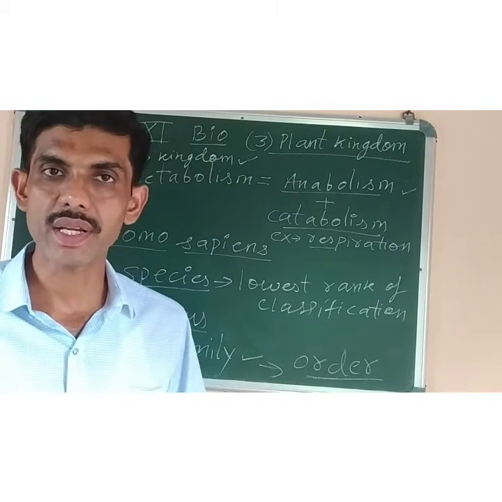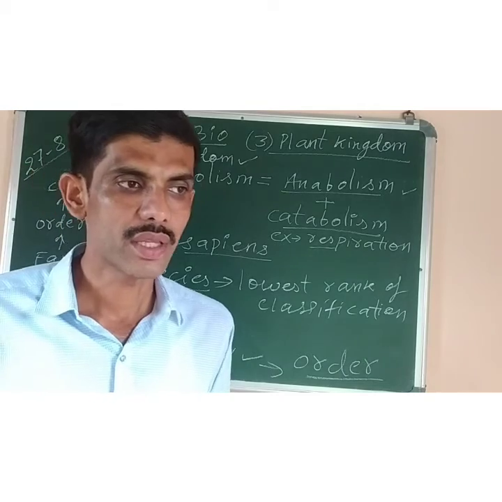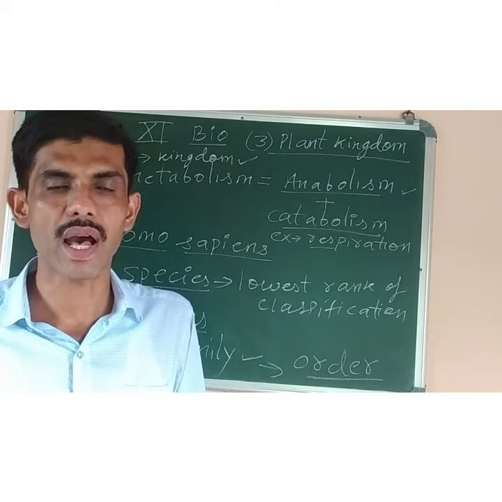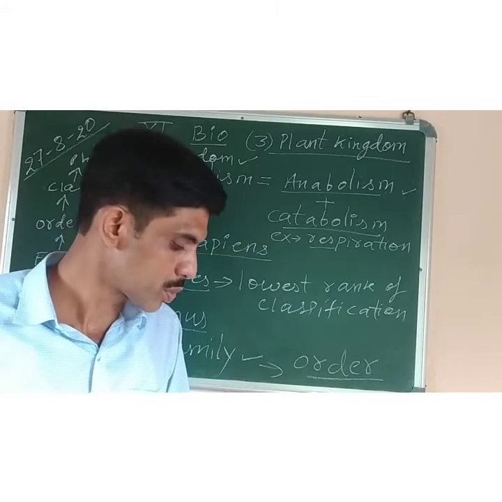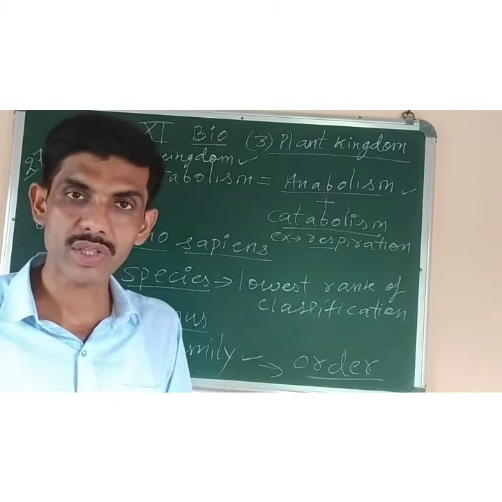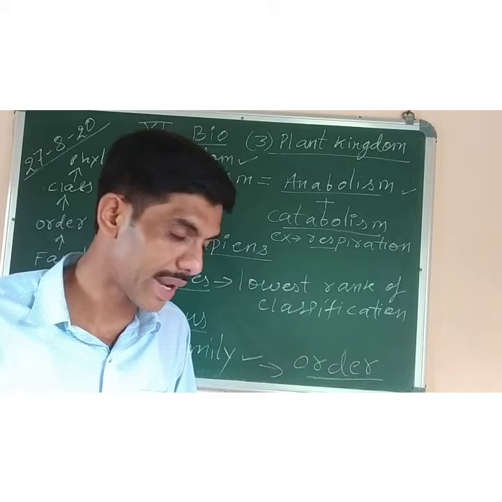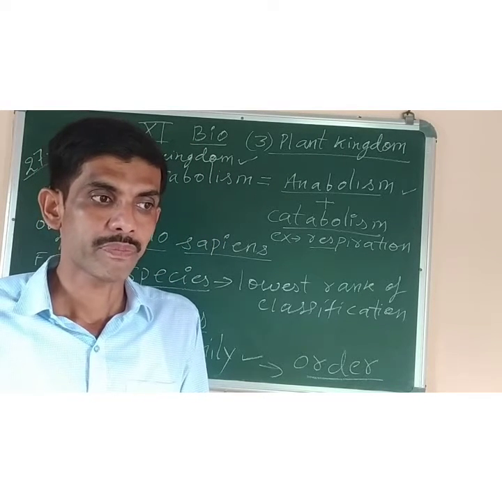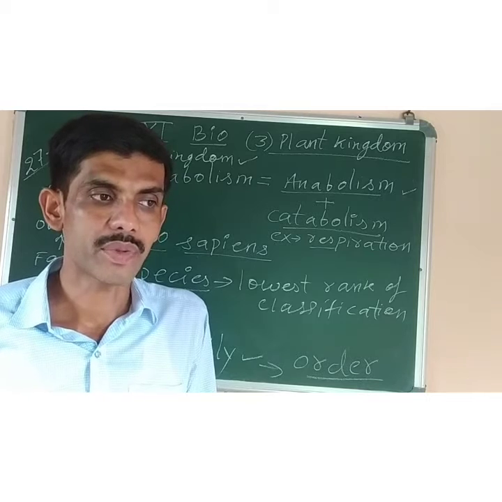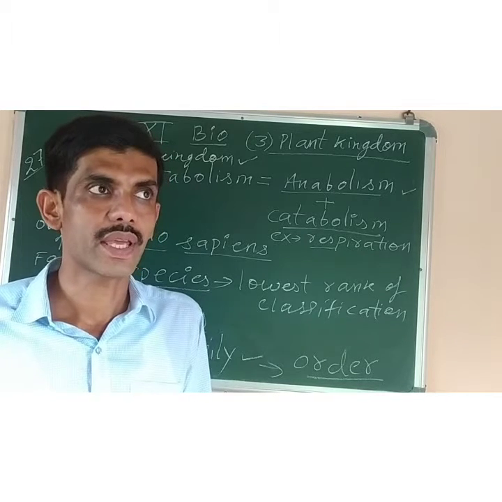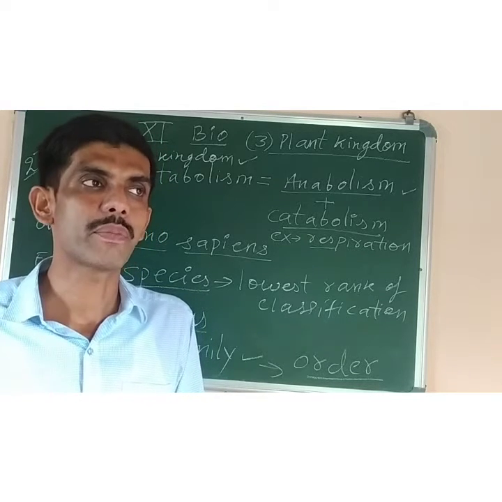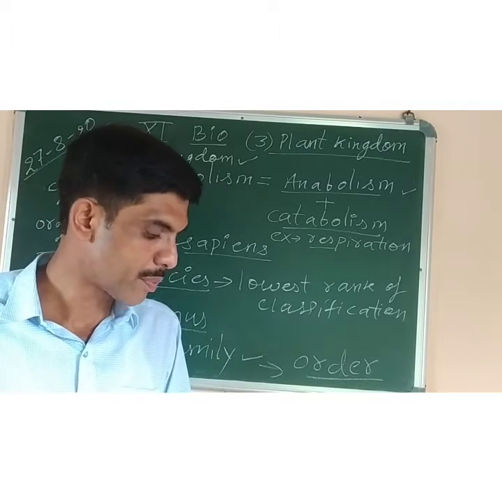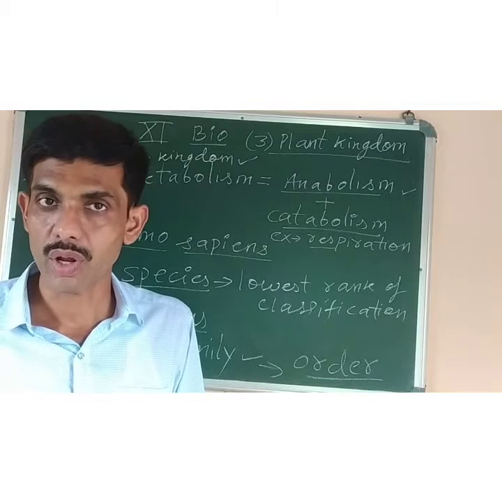Then comes Botanical Garden. Botanical Garden, you have seen, they are the place where many different varieties of plants are found growing, and in those botanical gardens you can have the collection of all the living plants for reference. Like if you want to see a non-flowering plant, then you can go and see in that botanical garden which is that non-flowering plant.